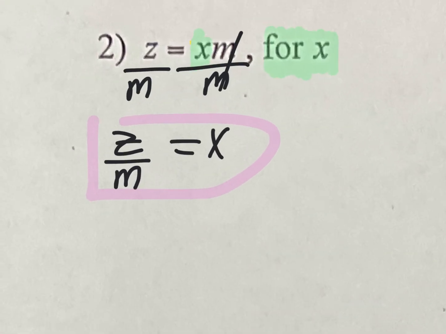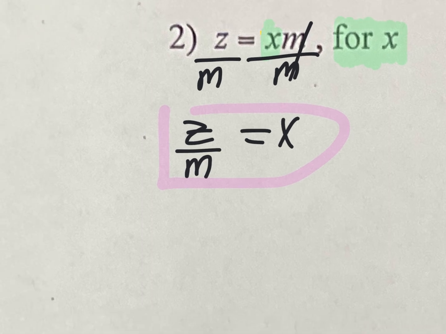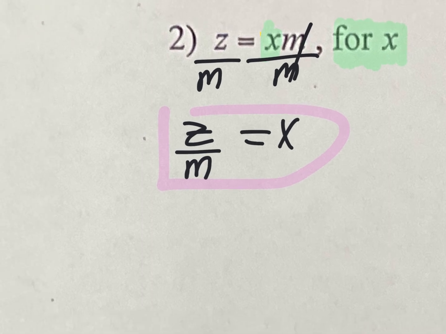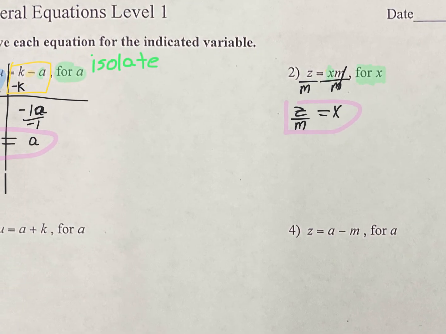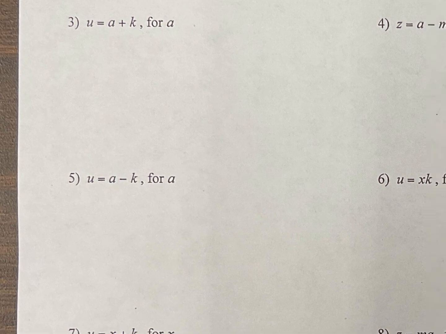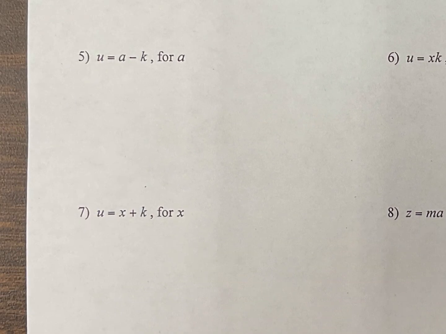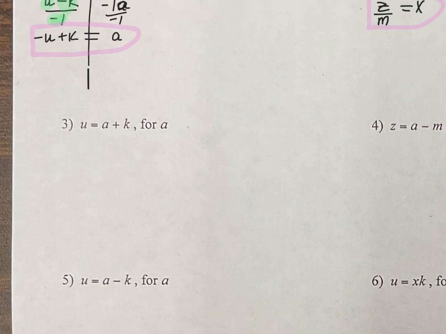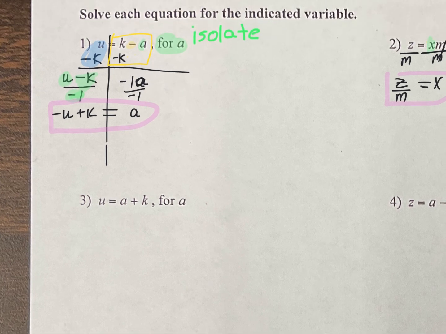So look at number 3. Oh, wait, sorry. Is it okay if I scroll? We're doing all of them together. So I'm going to give you guys time to do the next ones, but I'm going to do one more. Actually, where's the one I want to do that was a little bit different? Oh, no, actually, these are all pretty similar. So no, we're good. Okay, I'll do one more for you.